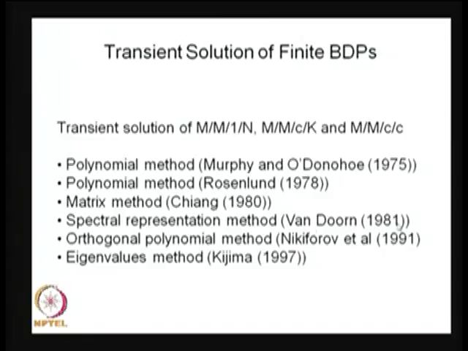Then later Van Doorn gave the solution using a spectral representation method, and Nikiforov et al. in 1991 also gave the transient solution using orthogonal polynomials, and later Kijima also gave the solution using eigenvalue methods. So, these are all the literature for getting the transient solution of a finite birth-death process.